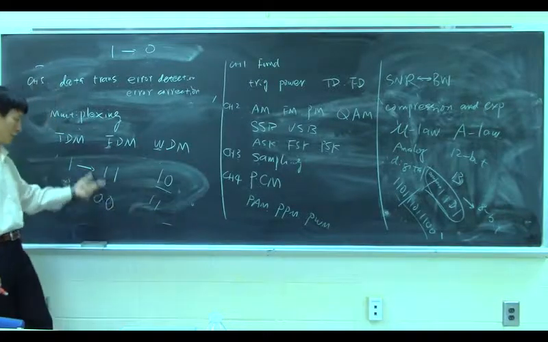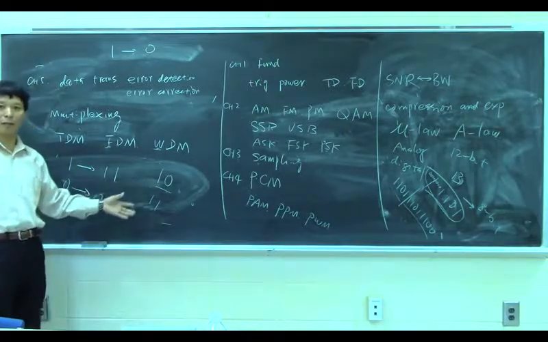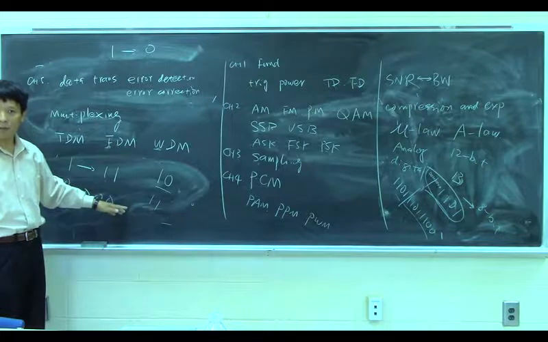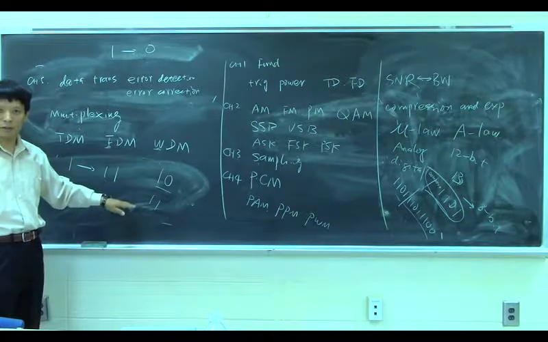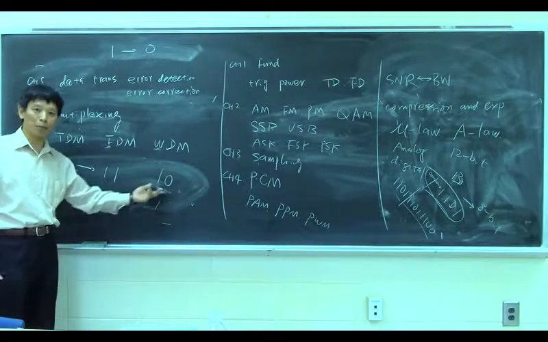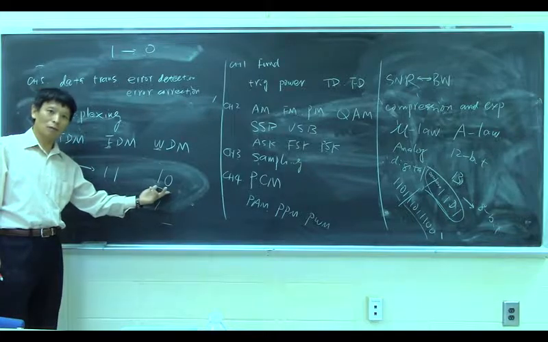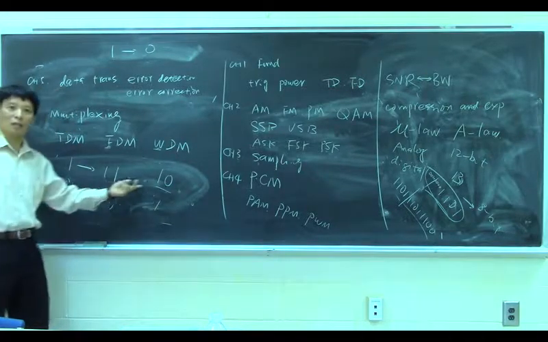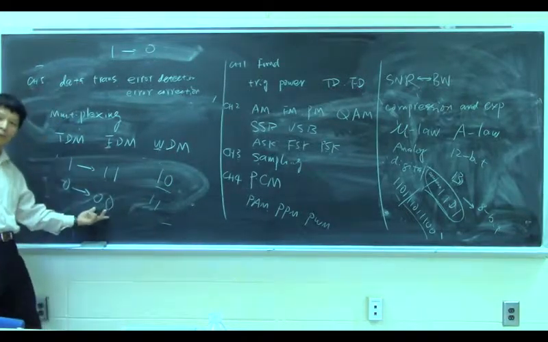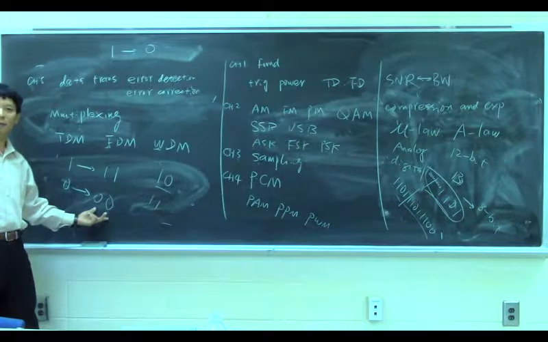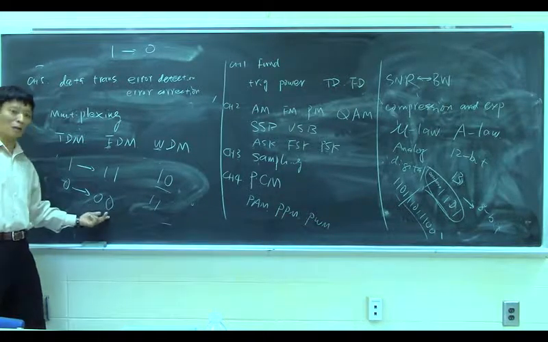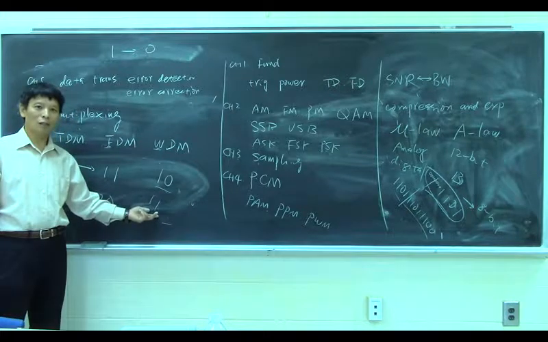So this one has the capability to detect error, but it also has a limit. This one can only detect 1 bit of error. If you have only 1 error, yes, you can detect. If you have 2, no, you cannot.